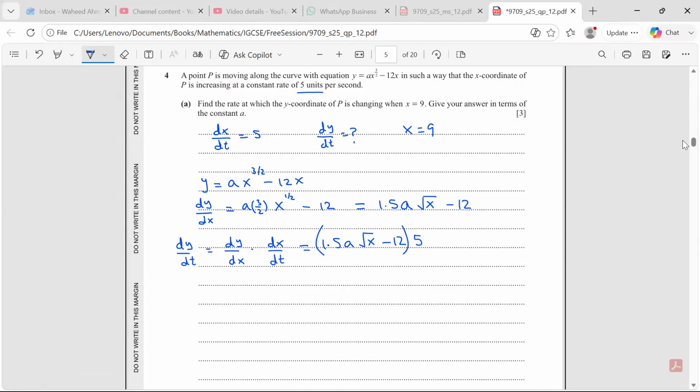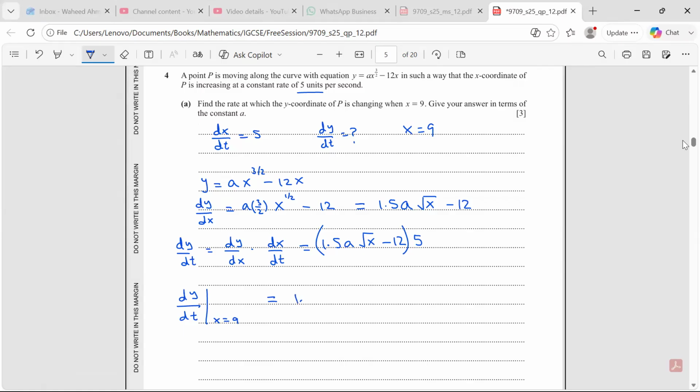And we have to evaluate this quantity when x is equal to 9. So I will substitute 9 for x here.